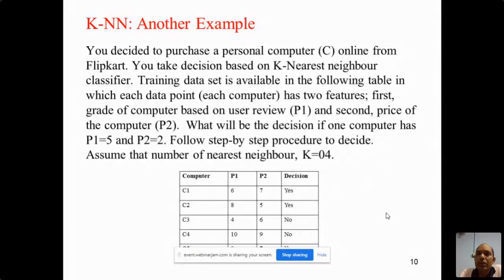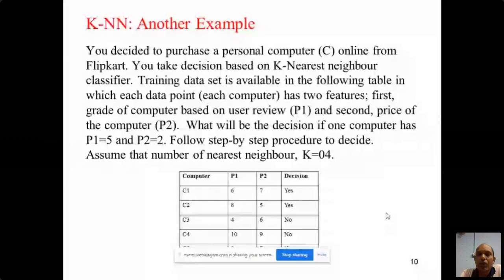Each computer has 2 features. First, the grade of the computer based on user reviews, which is mentioned as P1. Second, the price of the computer, which is mentioned as P2. Then what will be the decision if one computer has P1 value equal to 5 and P2 value equal to 2?